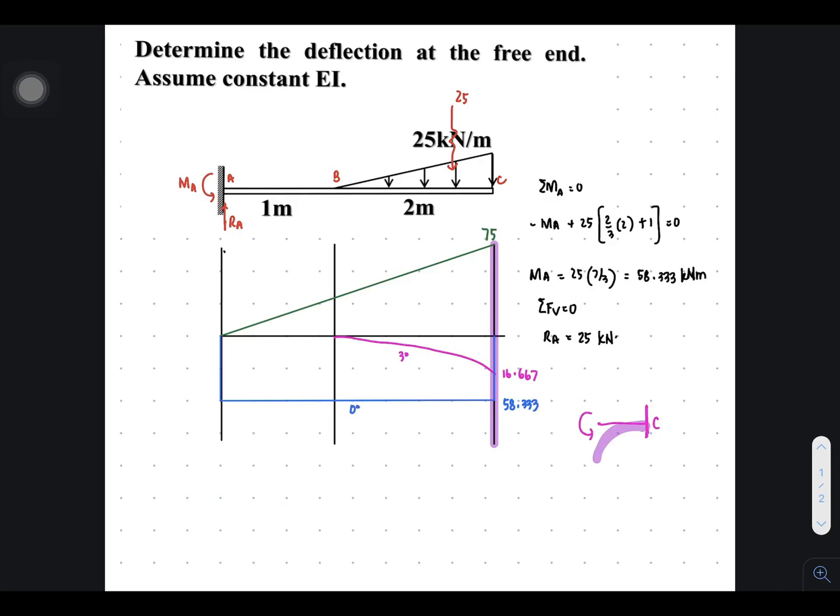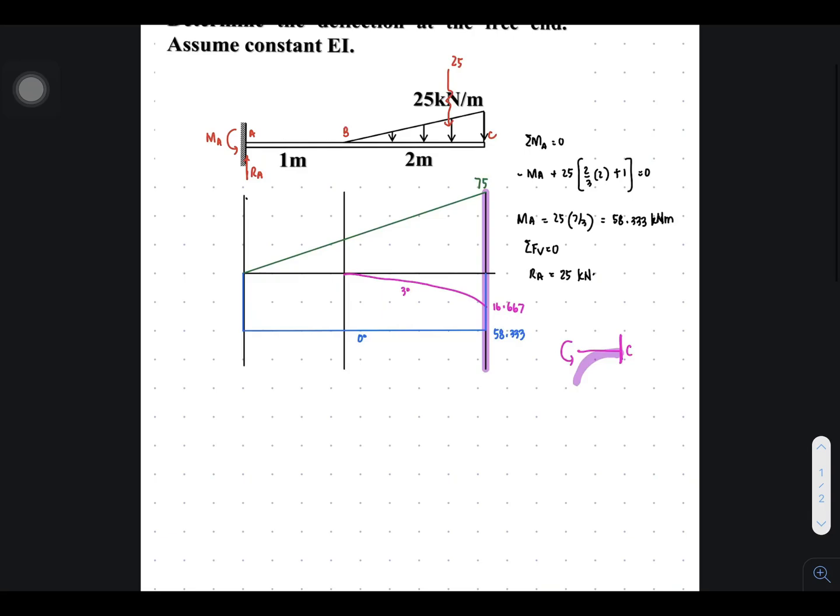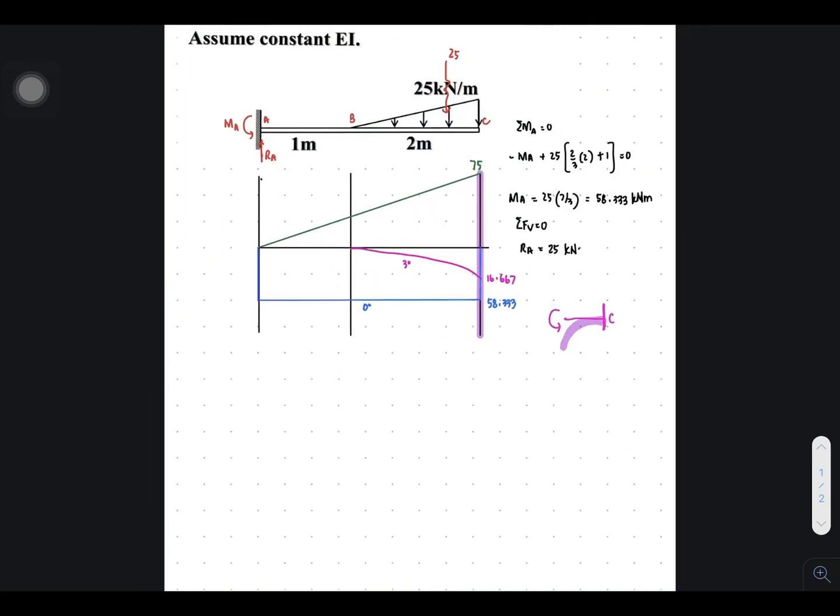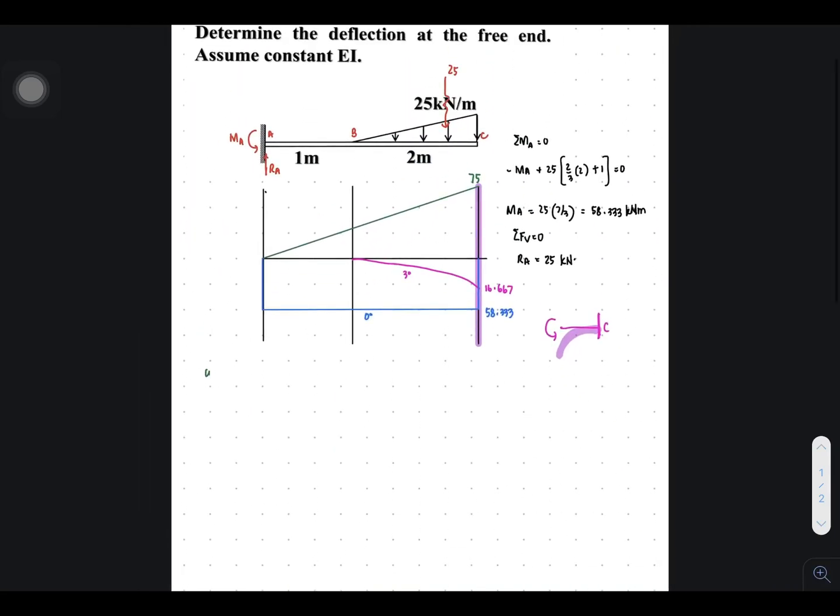Okay, so now we're going to draw the conjugate beam. Let's draw the conjugate beam. So I'll have here the beam. I'll just transfer it here.